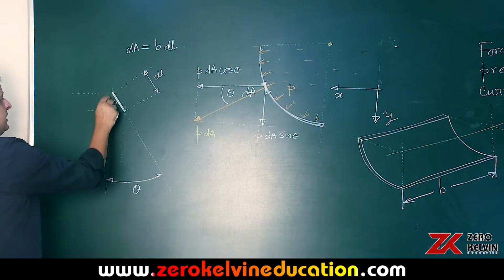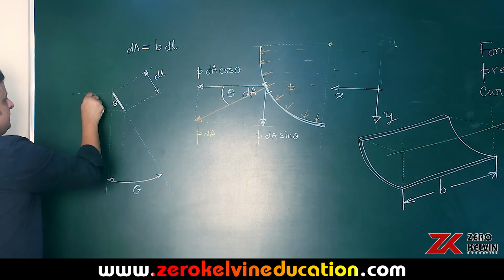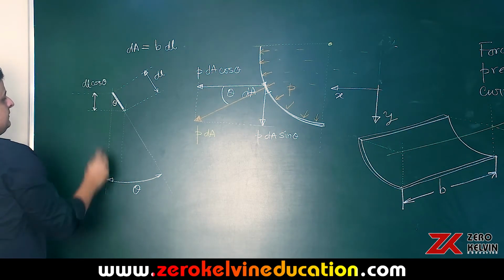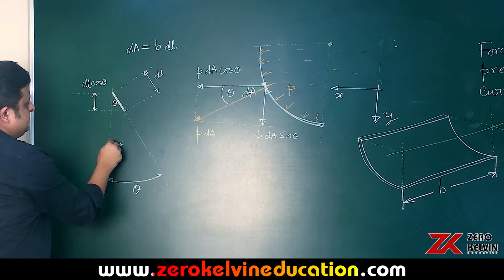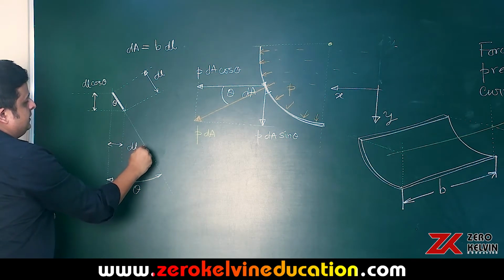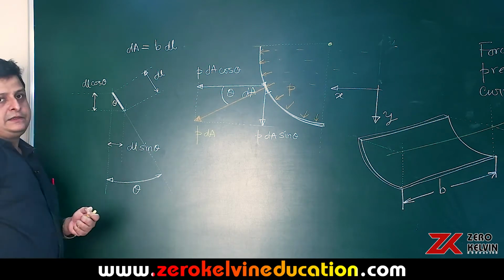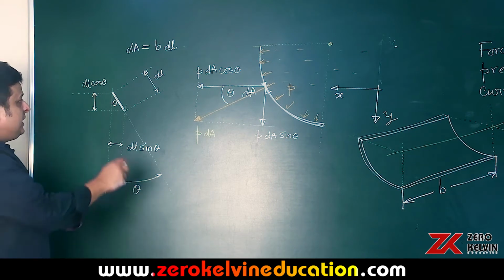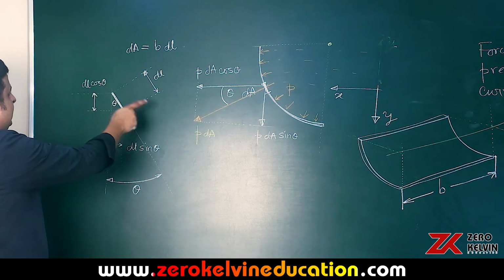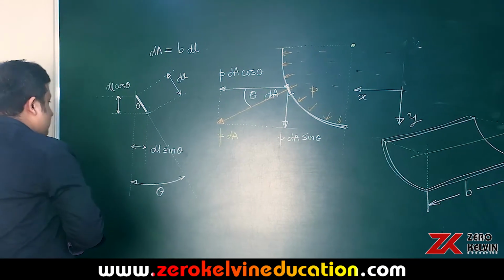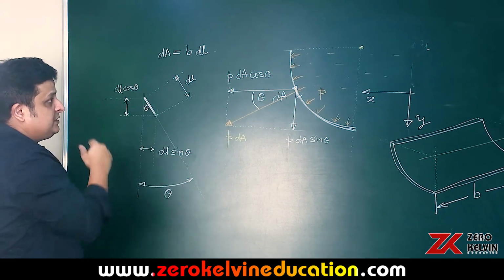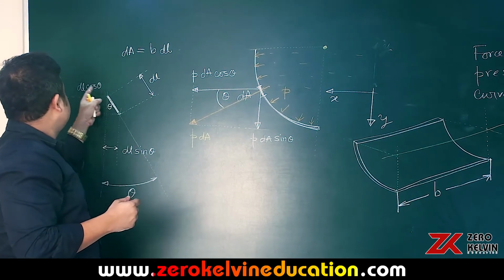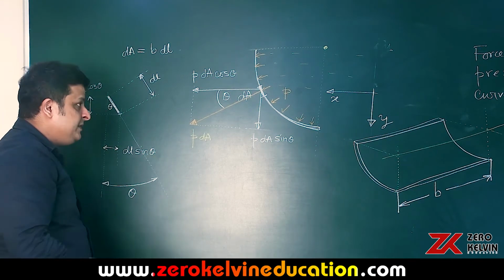Now, so what is this component of the length, or this part of the length is dl cosine theta, and this part of the length is dl times sin theta. So as you see, dl cos theta, so the projection of this area perpendicular to the x-axis is dl cos theta multiplied by b.